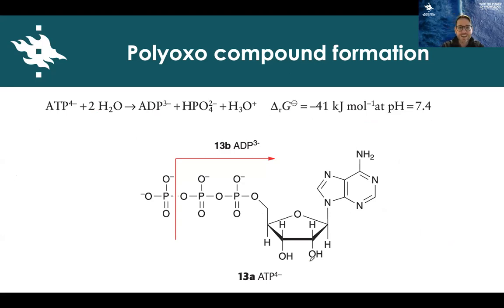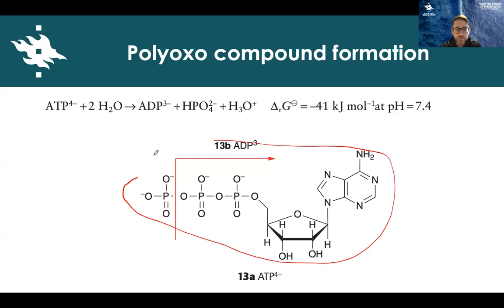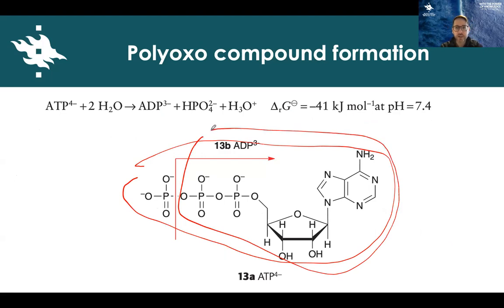So this is the reaction of ATP and ADP to exchange energy during our metabolism. So these polyoxo anions play a central role in our life and in our metabolism and in controlling these processes in our body.